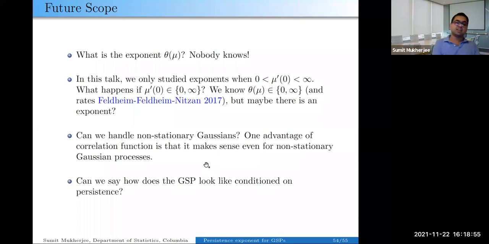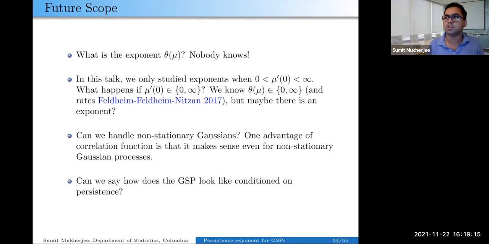And the final question that one can study, actually, one can study a lot more questions, but one more interesting question seems to be, okay, so we know what the exponent is. Can we say something about how the Gaussian stationary process looks if you condition on persistence? There are a lot of ways to make sense of this question.